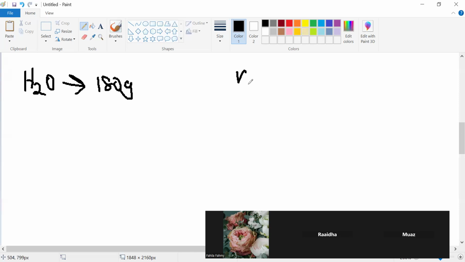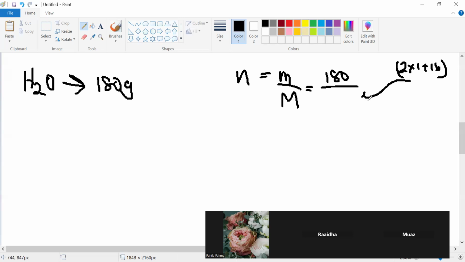So I know the equation. n is equal to small m over capital M. The mass is given, 180. The molar mass of water is how much? Water has 2 hydrogens and 1 oxygen. How much is that?